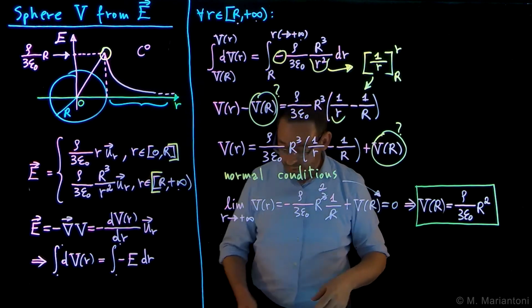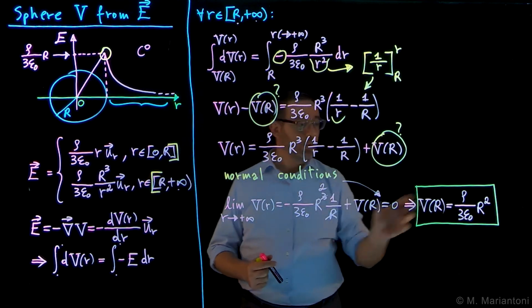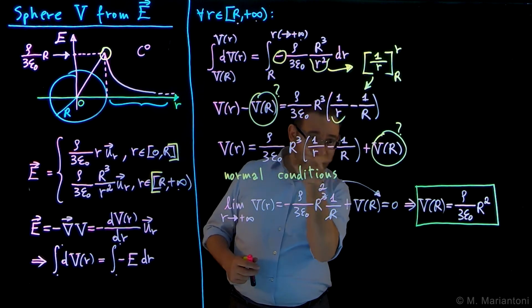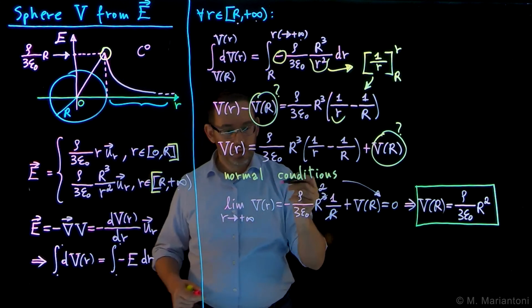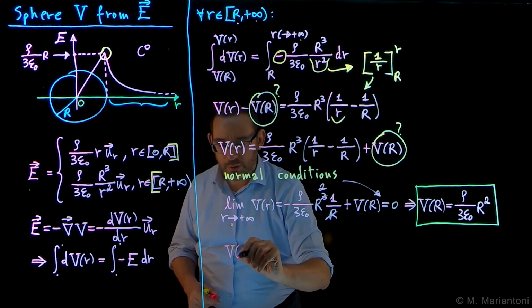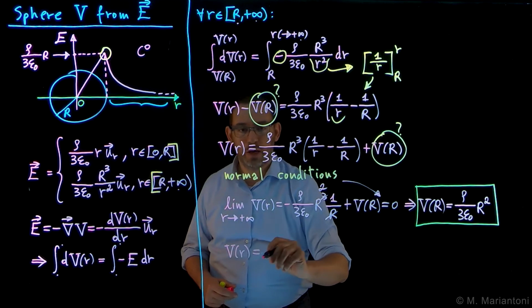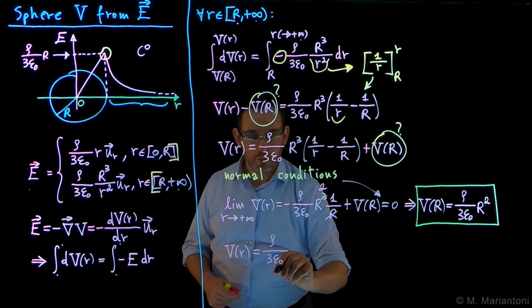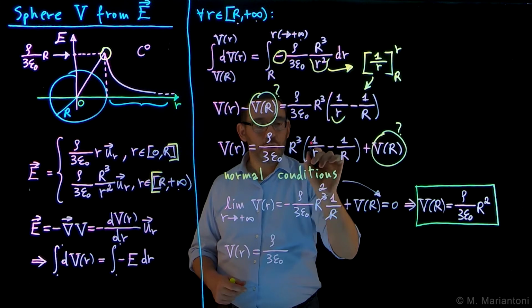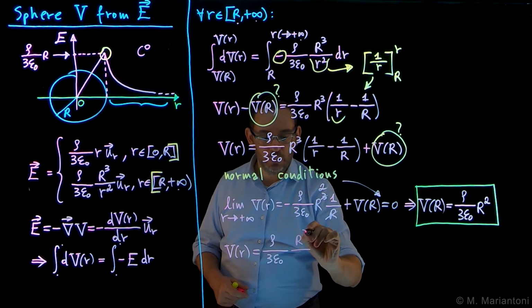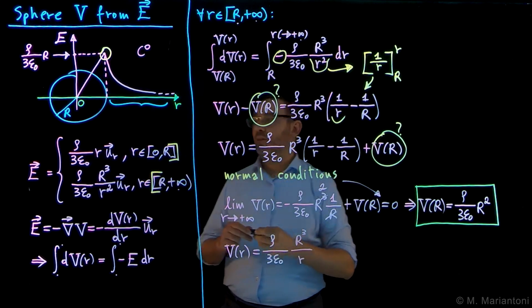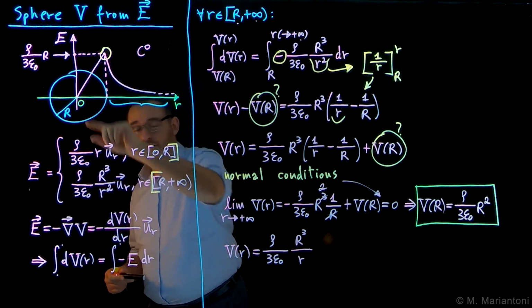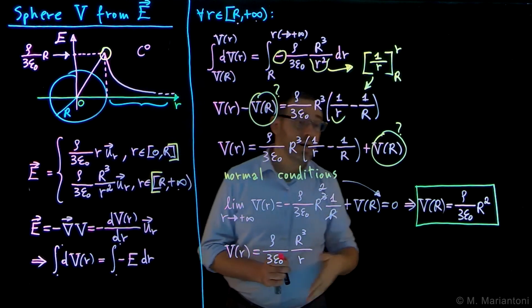And finally, using that constant, so with normal conditions at infinity, when we plug this back in here, plus rho over 3 epsilon naught capital R squared minus rho over 3 epsilon naught capital R squared, they cancel out, and so eventually, with normal conditions at infinity, the electrostatic potential outside the sphere, V of small r, is given by rho over 3 epsilon naught times R cubed divided by small r, which makes a lot of sense because it's similar to this quantity here, but instead of having 1 over r squared, which is Coulomb's law for the electrostatic field, for the potential we just get a 1 over r type of potential.